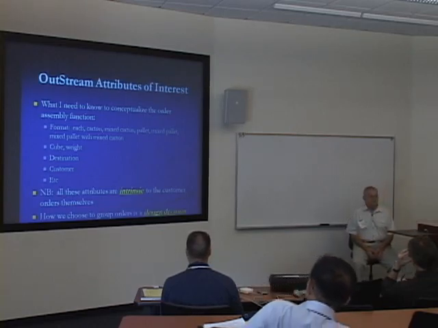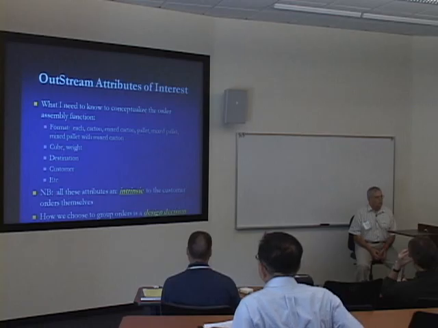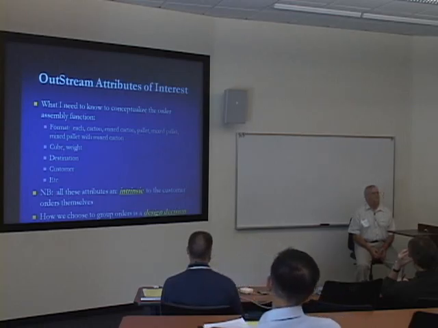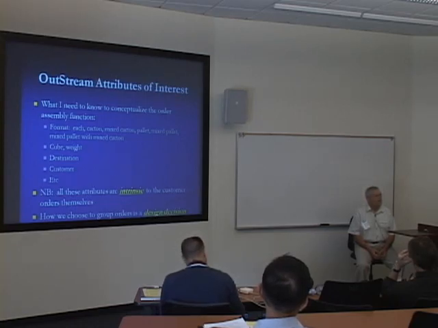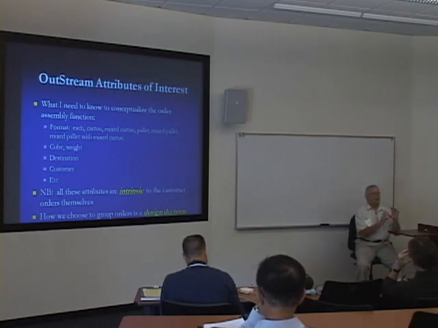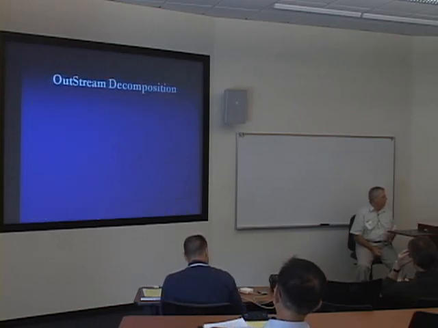That's the design decision, how to group the orders. It is the most fundamental design decision in warehouse design, how to group customer orders. What set of attributes do I want to look at, and which attributes are going to define what I say is similar customer orders.